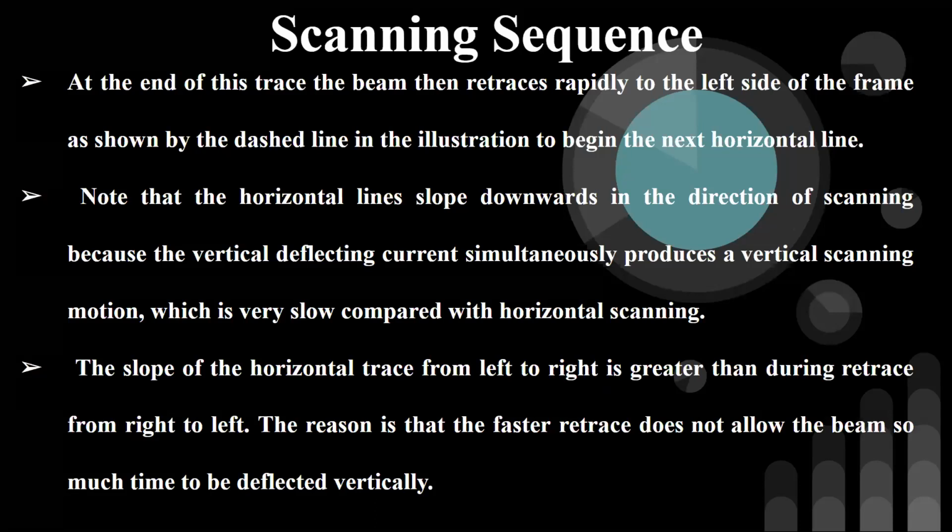So the slope of this horizontal trace from left to right is greater than during the retrace from right to left. The reason is that the faster retrace does not allow the beam so much time to deflect vertically.